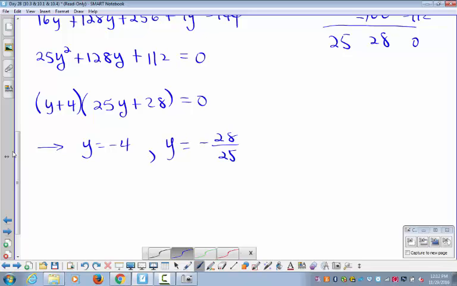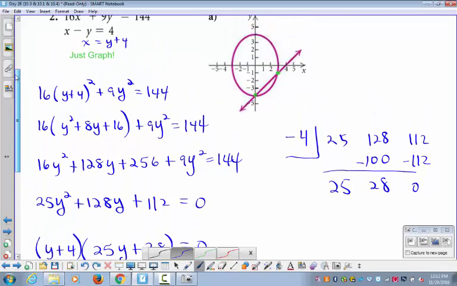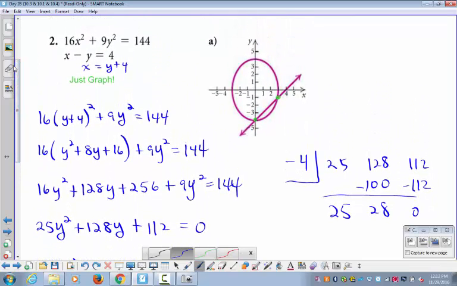So how do we find the x's? What do we always do in the system once we have one coordinate? Back substitute. Here's something really important with nonlinear systems that's different from linear systems. With linear systems, did it matter which equation you plugged your y's back into to get your x's?